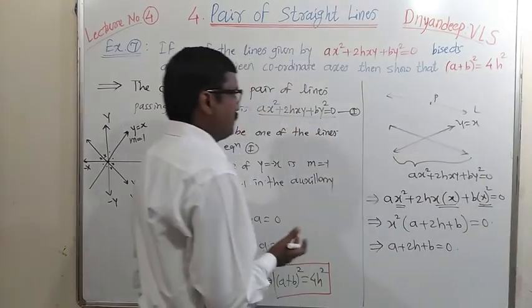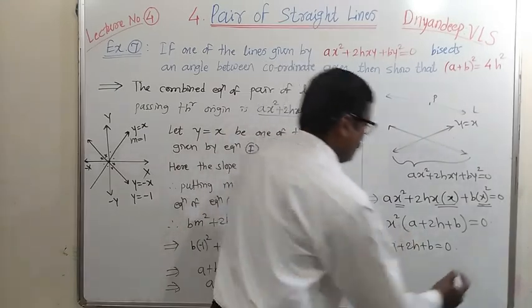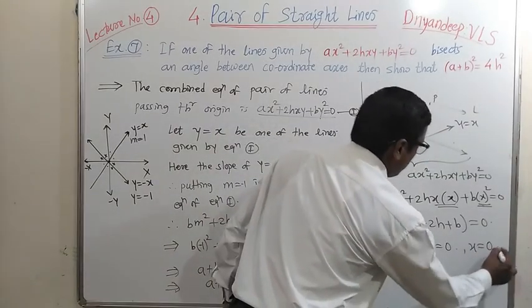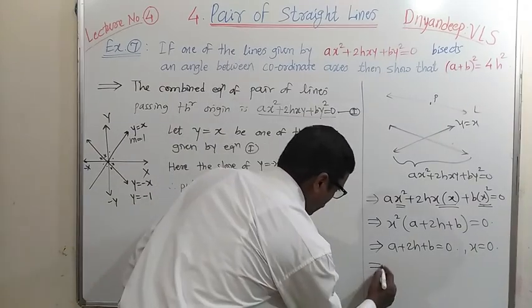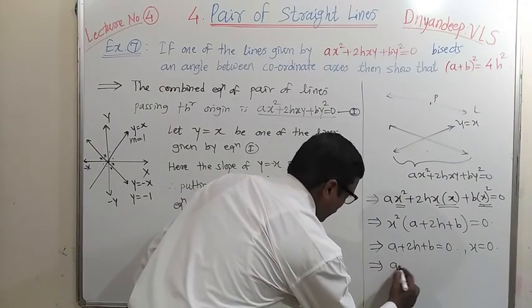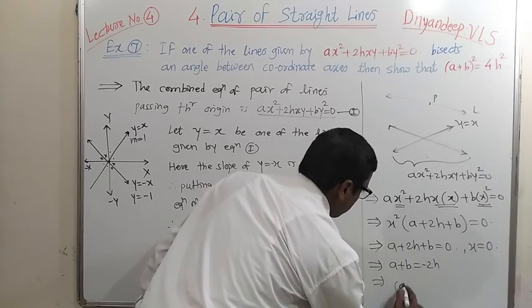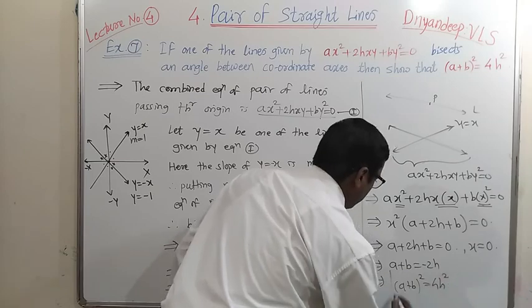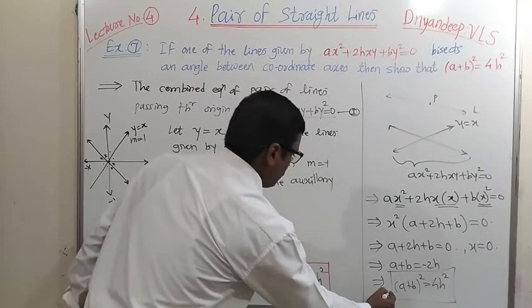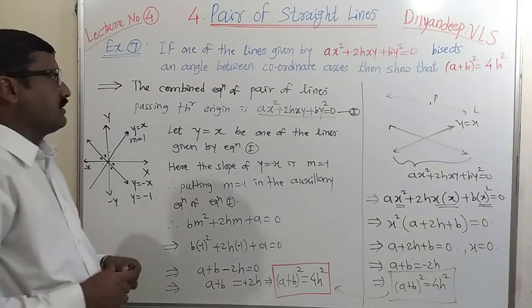Or if x equal to 0, then it will be a factor of these two equations. Another factor is obviously x equal to 0, but it's a particular case. Therefore, we get the same a plus b equal to minus 2h implies (a plus b) square equal to 4h square. We get the same result. Okay, that is the other method.